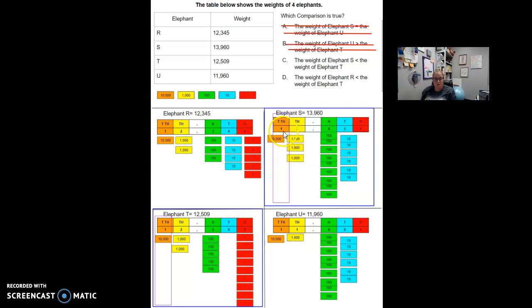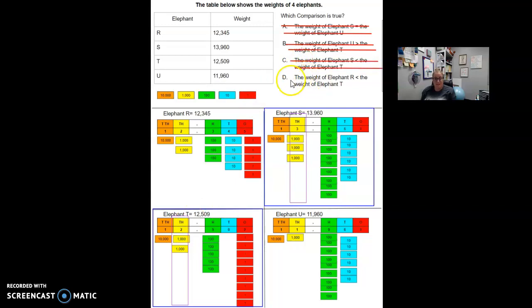So now I'm going to move over to my thousands place. Elephant S has 3,000. Elephant T has 2,000. Well, those numbers are different, so I'm actually able to compare them. This says that elephant S, this one right here, is less than elephant T. Well, is 3,000 less than 2,000? No. So I know that this cannot be the correct answer.